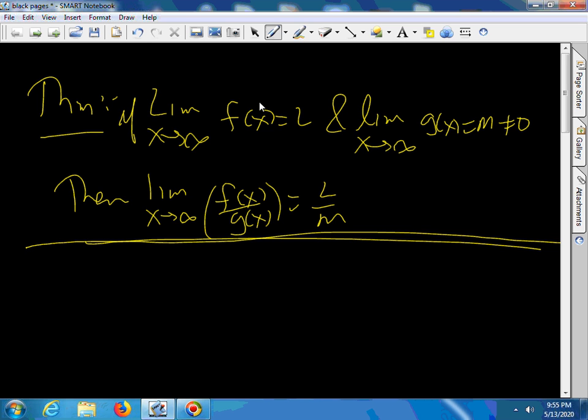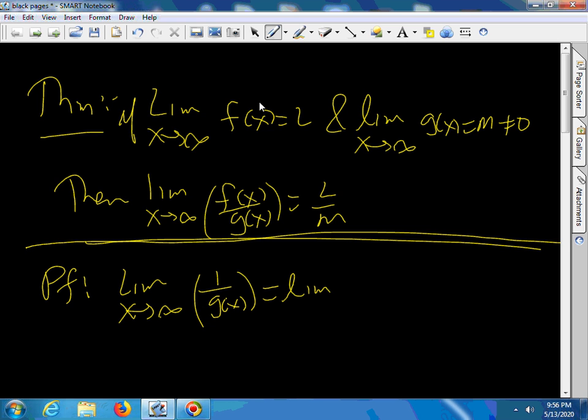Well, the first thing in the proof that I want to show is that the limit as x goes to infinity of 1 over g of x is 1 over m. Well, this is equal to the limit as x goes to infinity of any old way of writing 1 over g of x. So one way of writing 1 over g of x is that way.